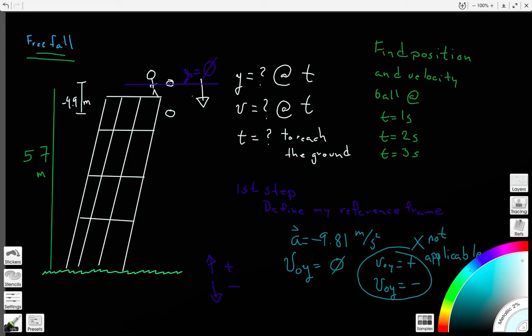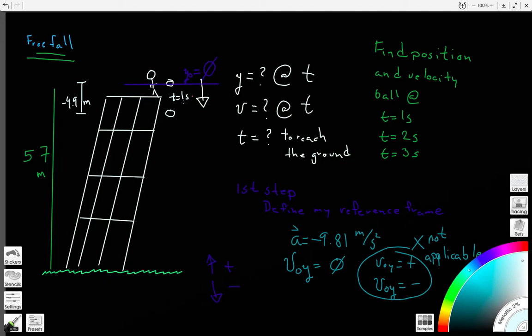So from this point to this point after 1 second, t equals 1 second. After 1 second of free fall, my ball changed from this position to this position, and this position is minus 4.9. All of these calculations are referenced to my reference frame, so they are referenced to this point right here.